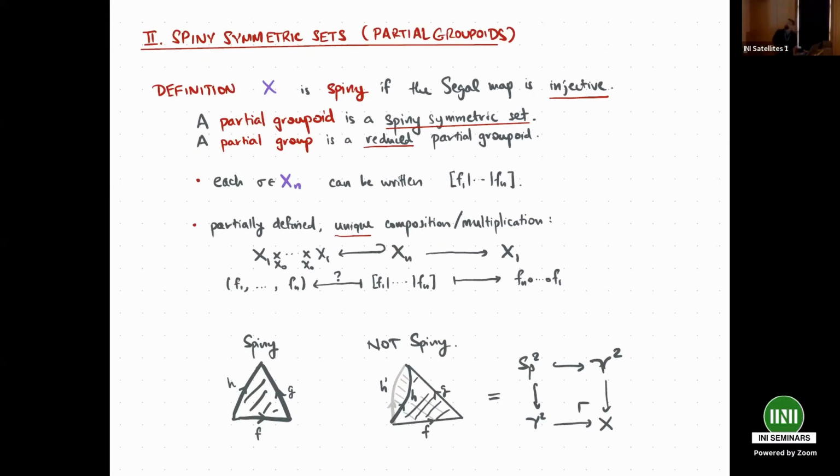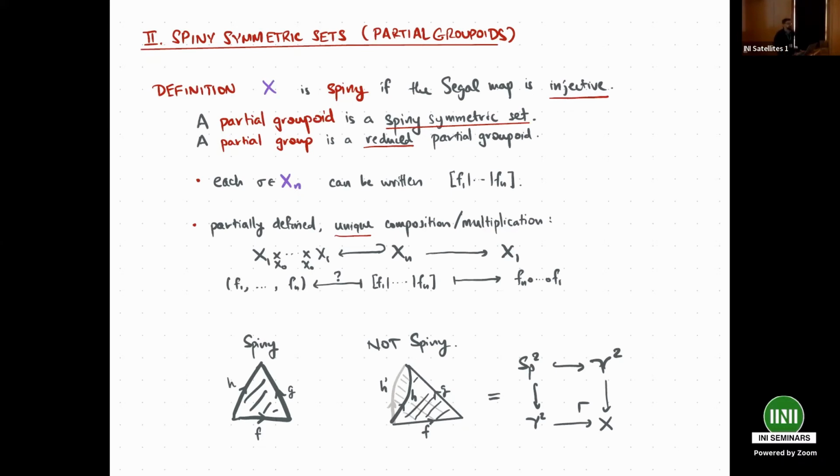And for reasons that become clear in a minute, we'll call a spiny symmetric set a partial groupoid. A partial group is just a reduced partial groupoid, so a reduced spiny symmetric set, single vertex. So the one thing about a partial groupoid or spiny symmetric set is that each n-simplex is uniquely determined by its image under the Segal map, its principal edges.